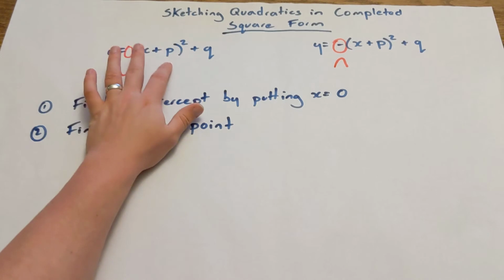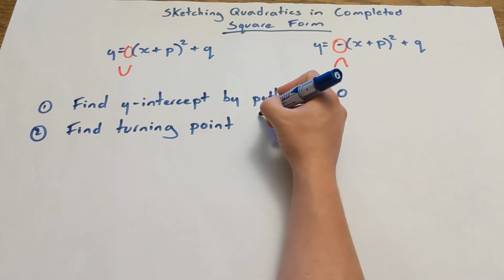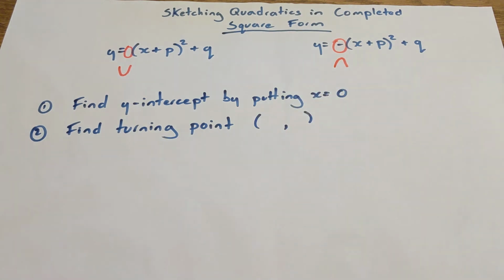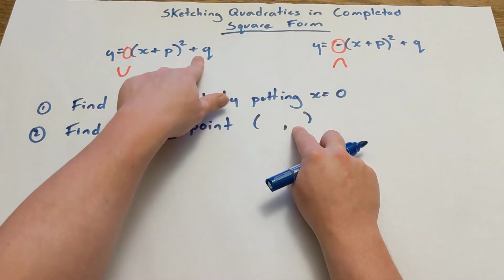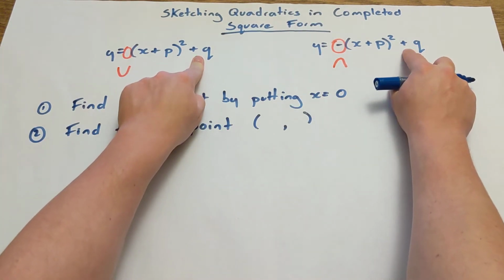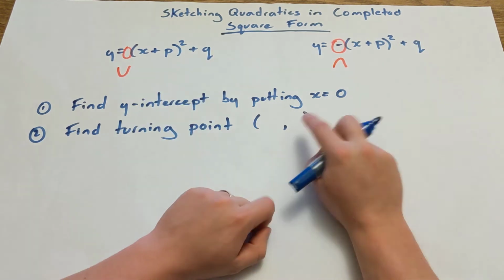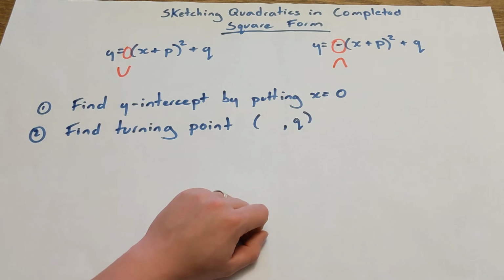That's why this form is good, because it gives us the turning point straight away. Your turning point is going to be some coordinates. The y part of your turning point is whatever number is on the end, whatever number is here instead of a q.